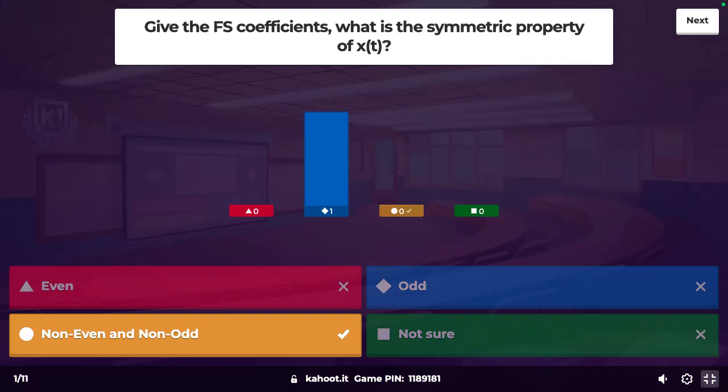But you can see obviously that A negative 1 equals A1, am I right? But A negative 2 doesn't equal A2, which means it's not constant. So it's not real. Okay, let's try to do the next one.